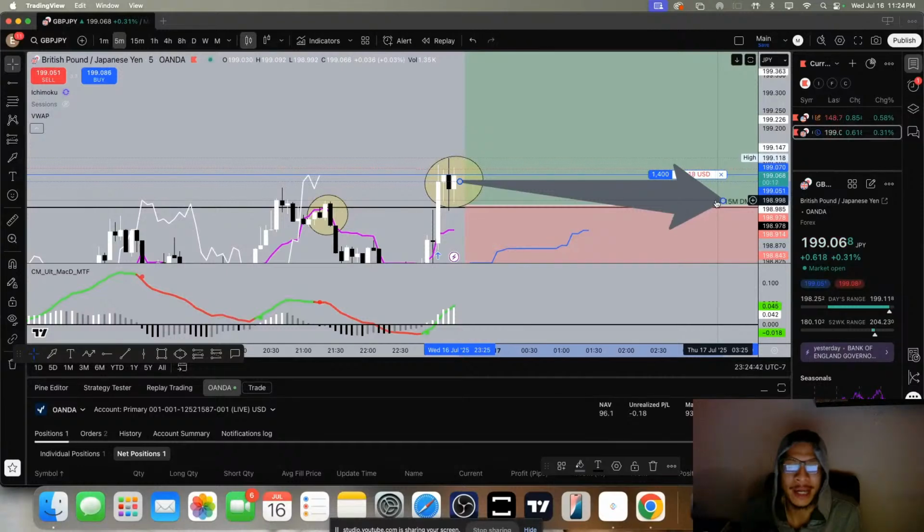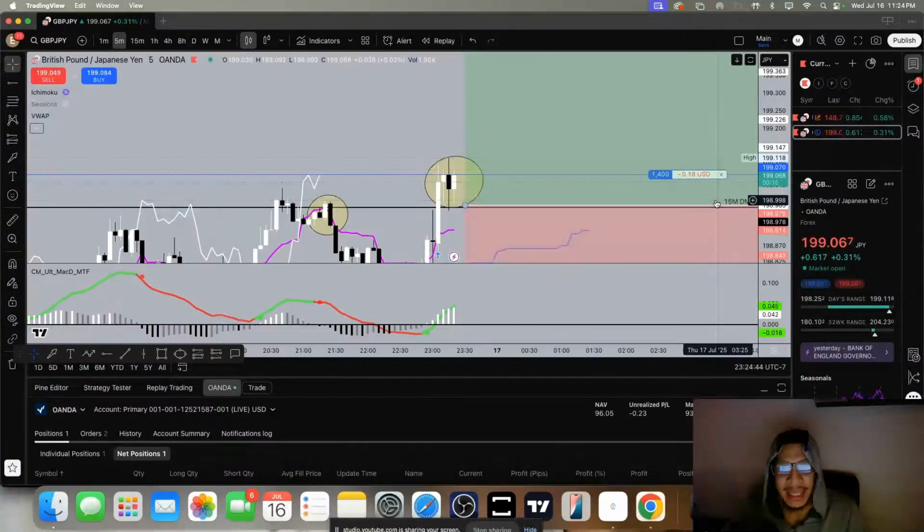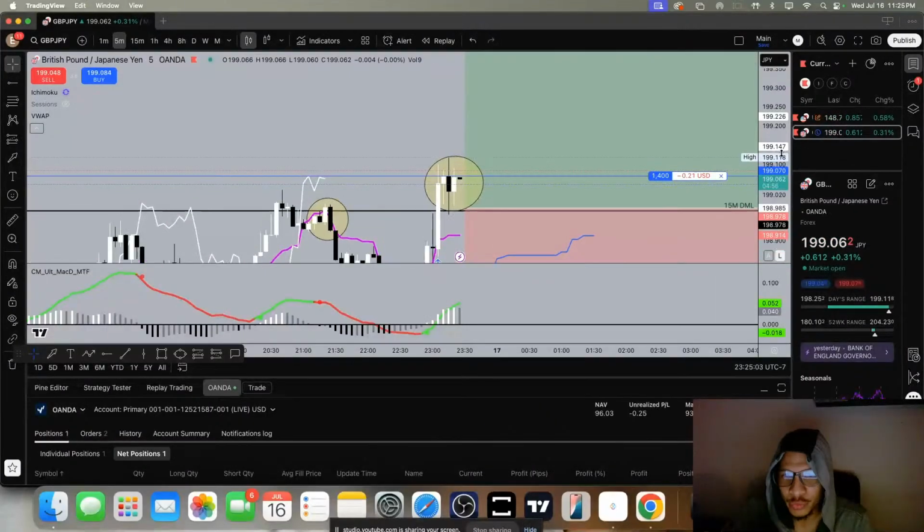Not emotionless, but it doesn't feel like I'm taking a risky trade. There are times where I feel like, man, this one's a little bit more risky, and my hands start to get sweaty. But the more pieces of the puzzle I see together at once, the less risky I feel.